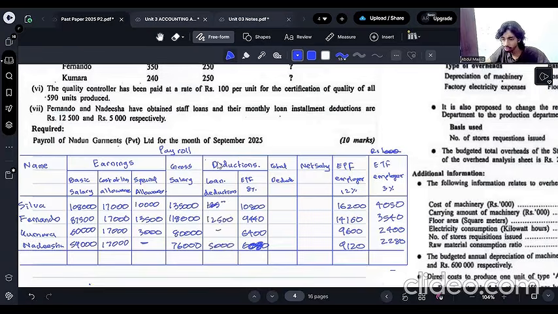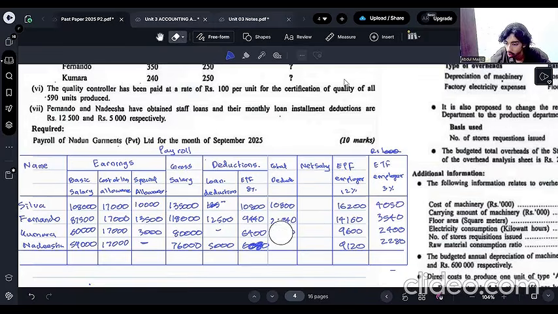Then now you can total everything. Total deductions will be 10,800, 12,500 plus 9,440, 21,940. Here 6,400. Let me erase that.